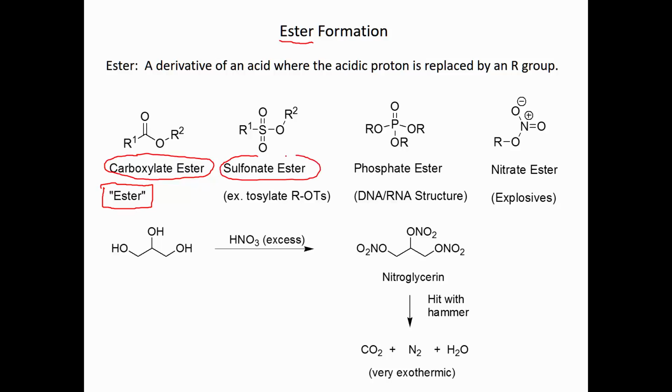We've already looked briefly at the chemistry of those. A tosylate is an example of a sulfonate ester. If we take phosphoric acid and replace one or more of the hydrogens with an R group, we get a phosphate ester. These are important in DNA and RNA structure. And if we take nitric acid and replace the acidic hydrogen with an R group, we get a nitrate ester.